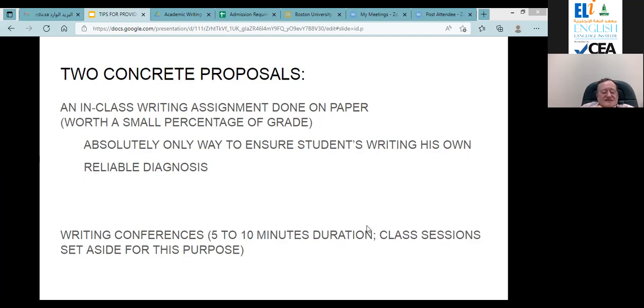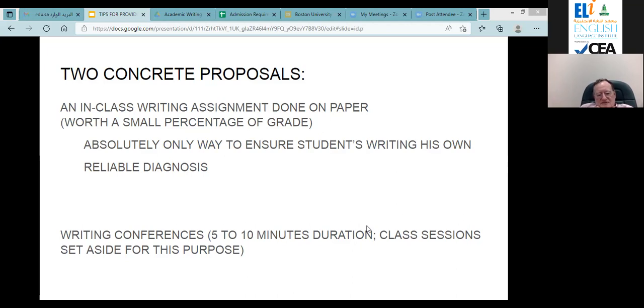Because it's a foregone conclusion. If they do it on Blackboard at home, many of them will either plagiarize or have their brother, their sister, their father, their mother help them, because there's a grade involved. Only if they are in the classroom, their phones are turned off, they're not allowed to use Google Translate, then we will have a reliable diagnostic.